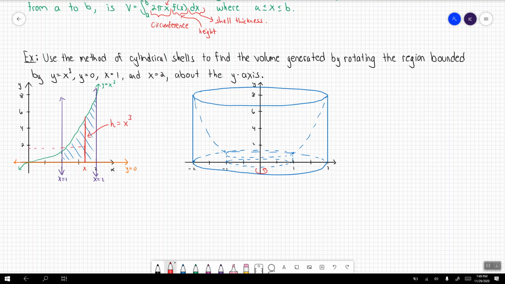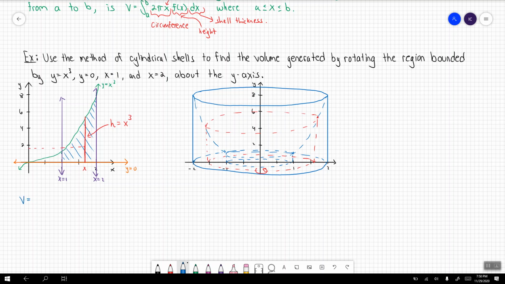I'm going to be grabbing some shell. So we found the height for the shell, and we also found its radius. That's looking really good.